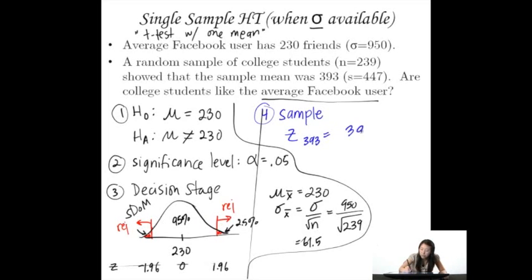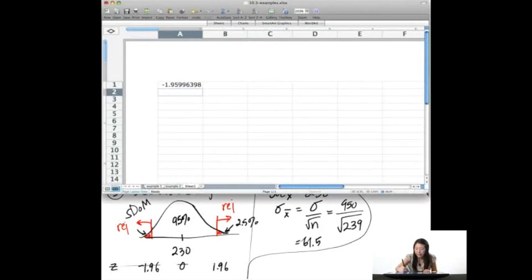So that would be 393 minus 230, so how far it is away from 230, all divided by the standard error, 61.5, because that will give me how many standard errors away we are. And so let me just calculate that.